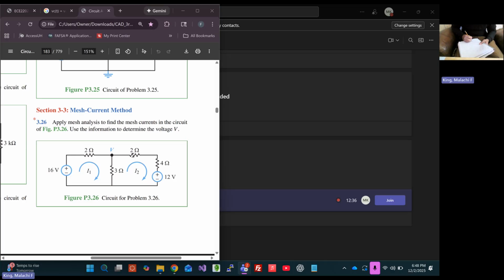Plus 132 on both sides, 13 V1 equals 132. 13 divided by 13, V1 is equal to, let's get our calculator, 132 divided by 13, 10.1538 volts. So we'll do 10.154. And that is how you solve for the voltage V.